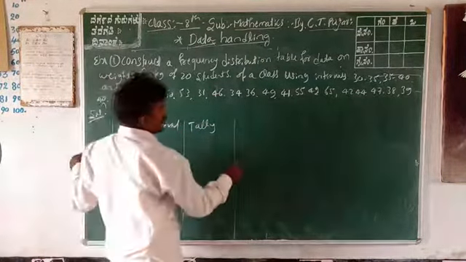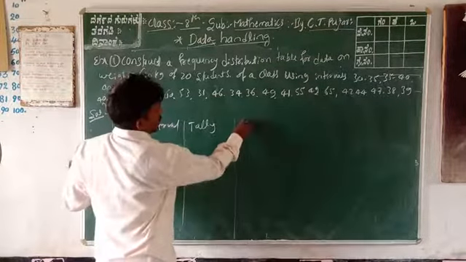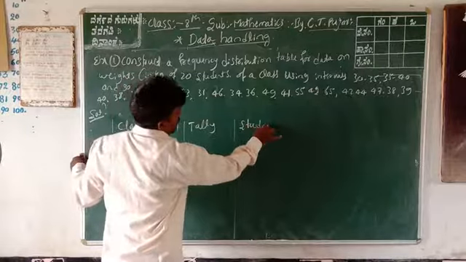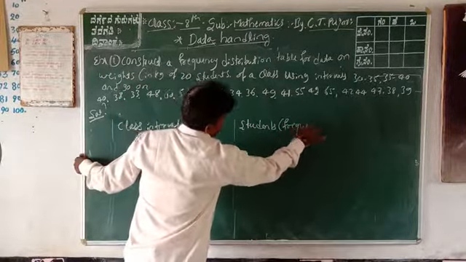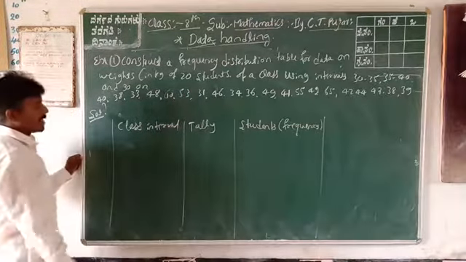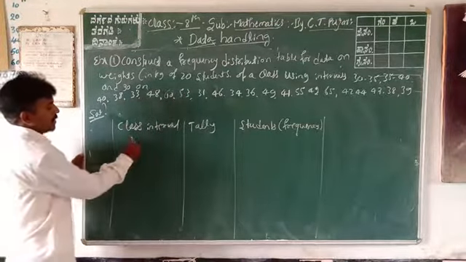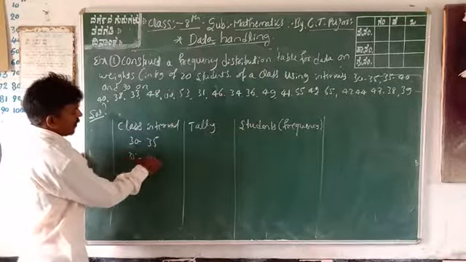Next one is weight or students. Students are otherwise frequency. Frequency is denoted by F. Next, for the class intervals, you can take 30 to 35, then again 35 to 40.